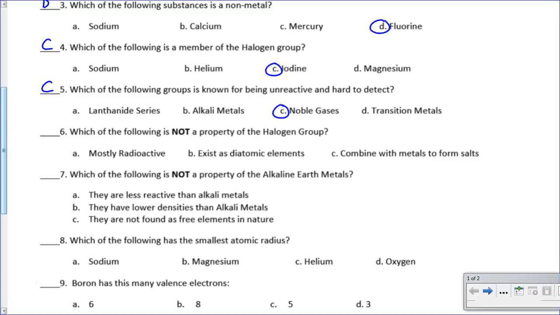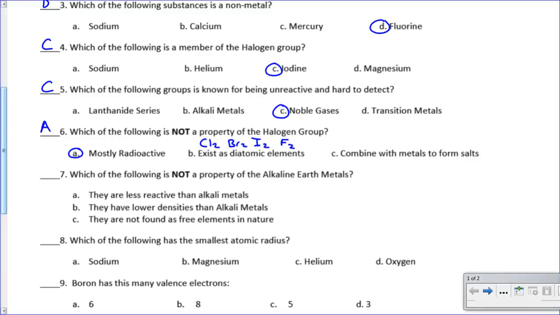Which of the following is not a property of the halogen group? Mostly radioactive, that's the one that's not a property of the halogens. If you look through the rest of it, halogens do exist as diatomic elements, which are things like Cl2, Br2, I2, F2.